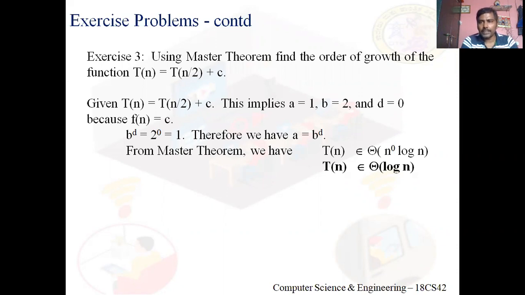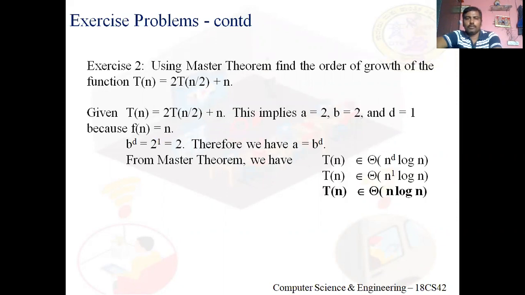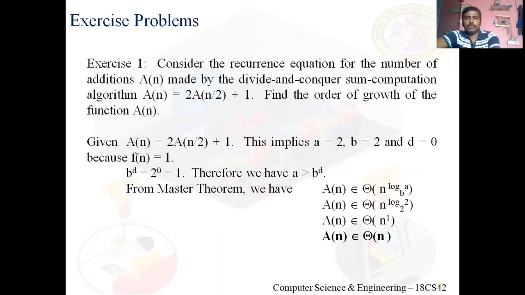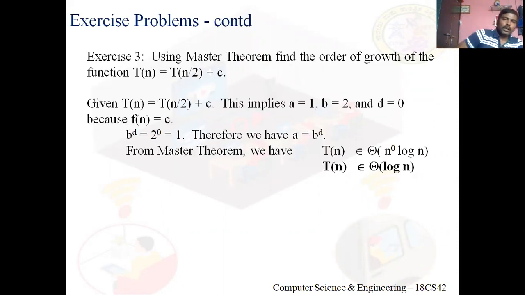Like the first exercise problem, f of n here equals C. It's a constant function. See, in the first exercise problem, f of n is 1. It's constant. Constant means degree 0.